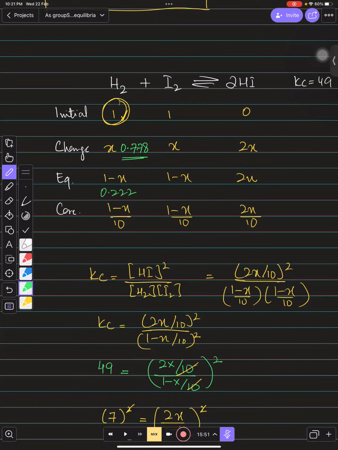So we can multiply 0.778 by 2. You can see the amount of hydrogen iodide at equilibrium should be 1.556. Right, bacho? Yes, sir. Any problem to any one of you?